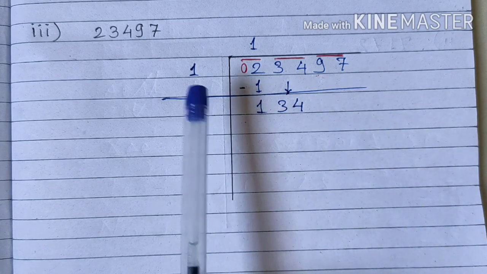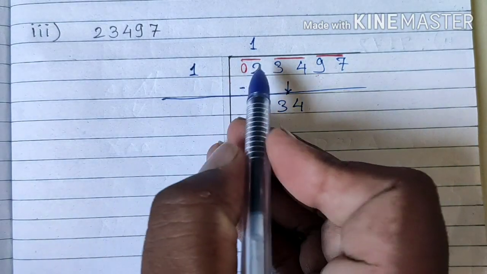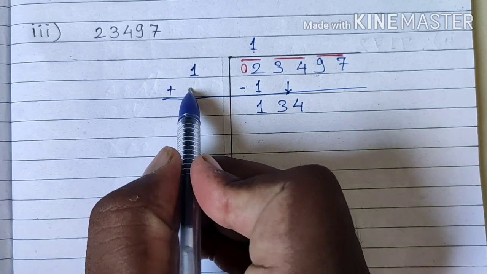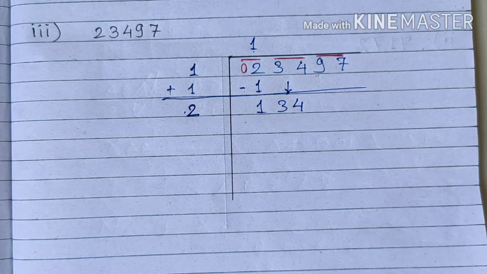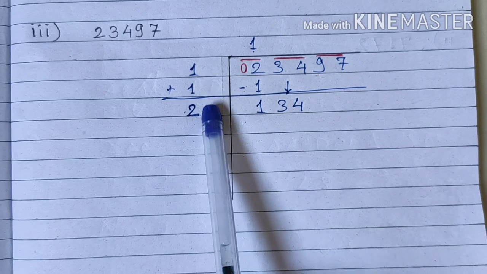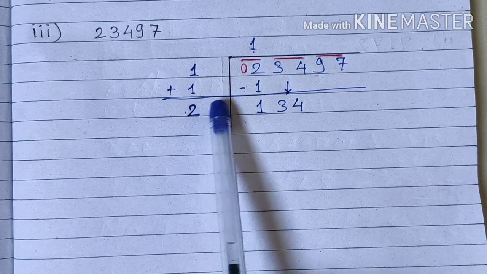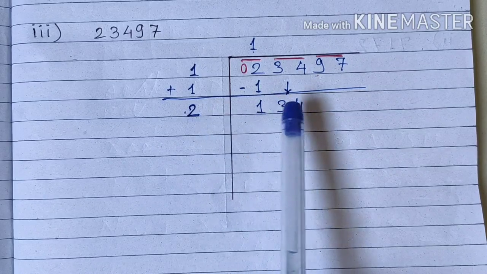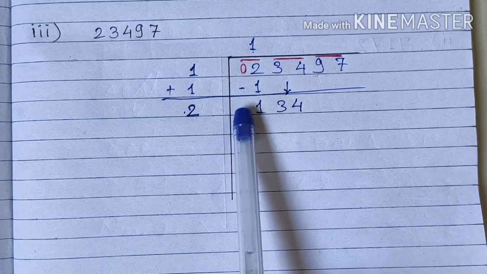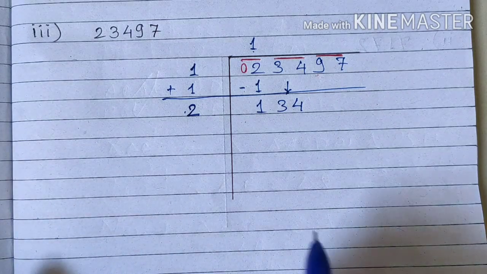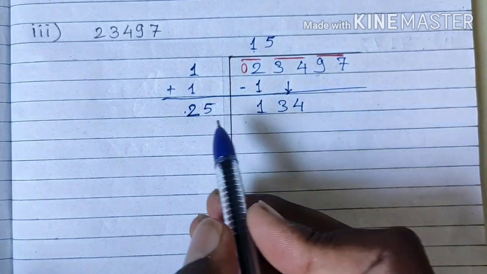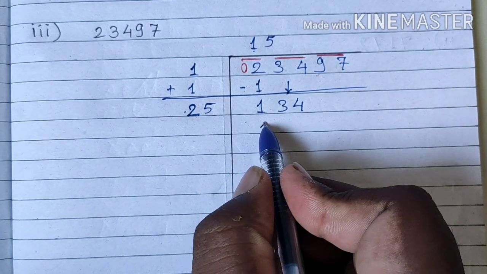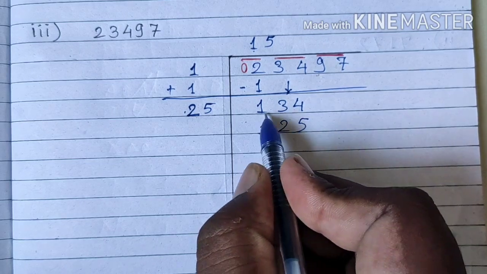Now the next thing. In this 1, add this quotient here, so 1 plus 1 will become 2. Now what is the next procedure? Along with 2 here, we need to add one number, such that multiplying with the same number, we get less than 134. And that number is 5. 5 5s are 25, 125, near to 134.